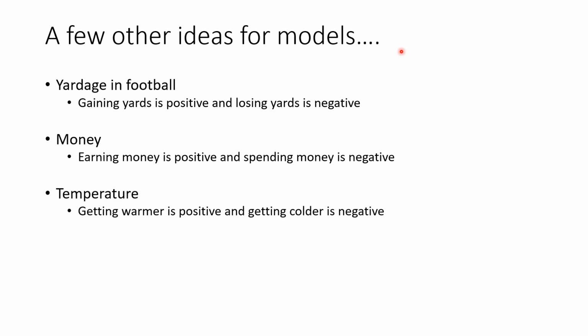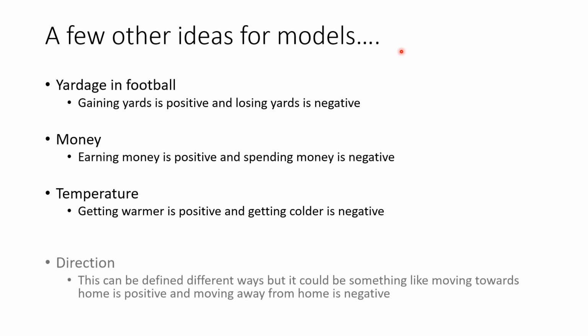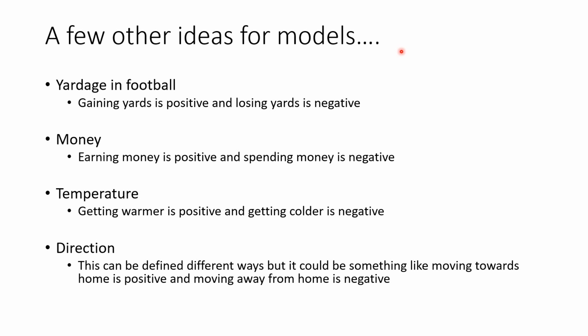Temperature, we did a word problem on this not long ago. So getting warmer is positive, getting colder is negative. And yes, you can go below 0. So if you get really cold. And then this one is maybe a little more abstract, but we can use this with anything that has direction. So this can be defined different ways, but it could be something like moving towards home is positive and moving away from your home is negative.